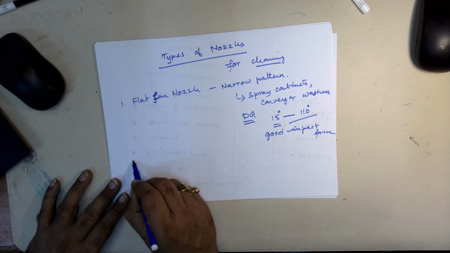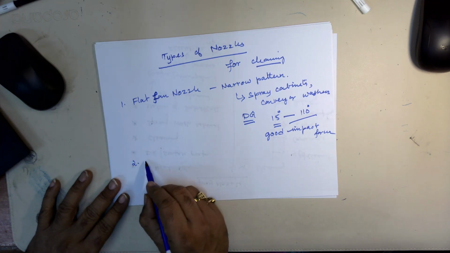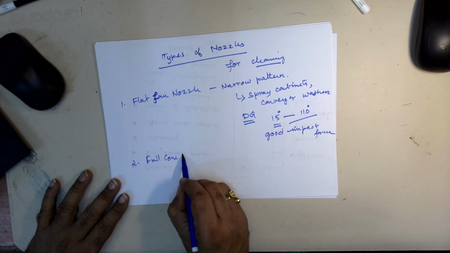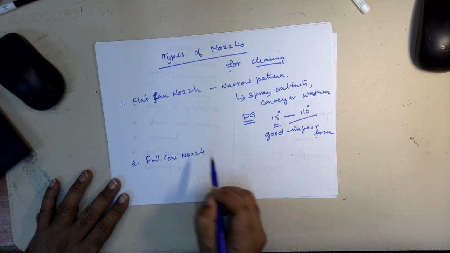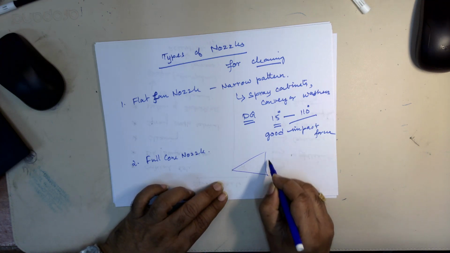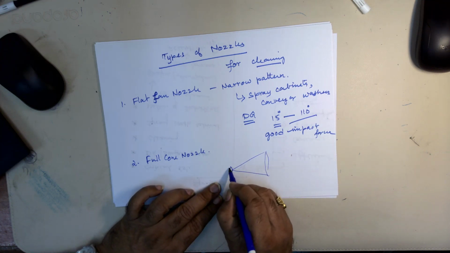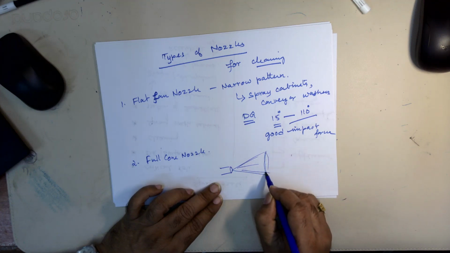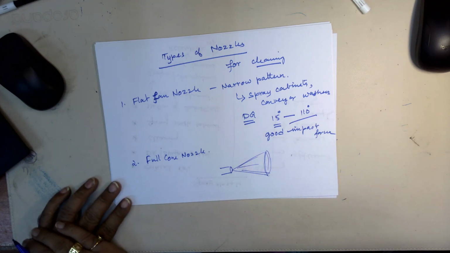Another is called the full cone nozzle. Full cone means the spray pattern will be conical. Assuming that this is a spray gun, it forms a conical shape.